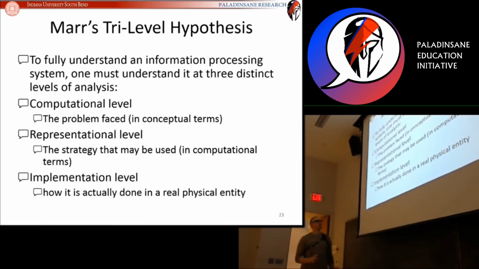So another way to think about this is that the computational level is what can we do. The representational level is how does our mind do it? How does this theoretical entity that we call the mind actually accomplish that? And the implementational level is how does our brain do it? How does this physical thing that exists in the world accomplish that thinking, information processing?